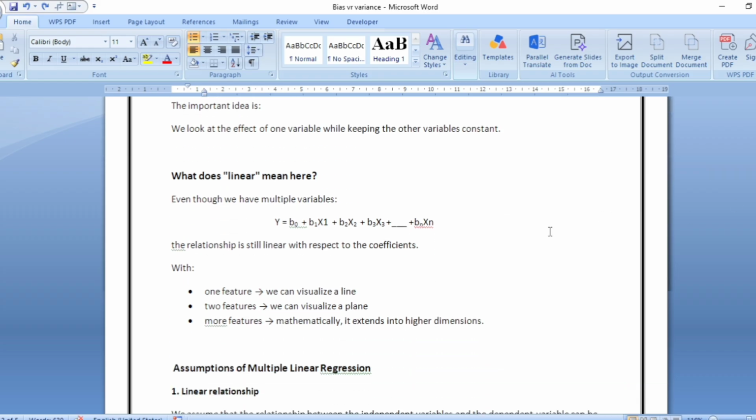Even though we have multiple variables, the relationship is still linear with respect to the coefficients. With one feature, we can visualize a line. With two features, we visualize a plane. And with more features, mathematically it extends into a higher dimension.